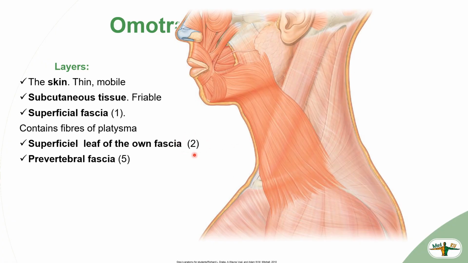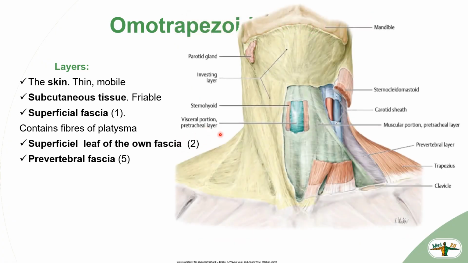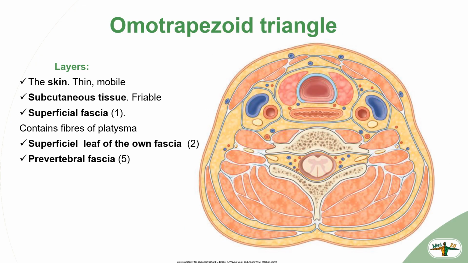This is the deep, investing fascia that wraps around the neck muscles, sternocleidomastoid and trapezius muscles. Prevertebral fascia, the deepest layer covering the spinal column muscles. The deep layer of the proper fascia and the endocervical fascia are absent in this triangle.